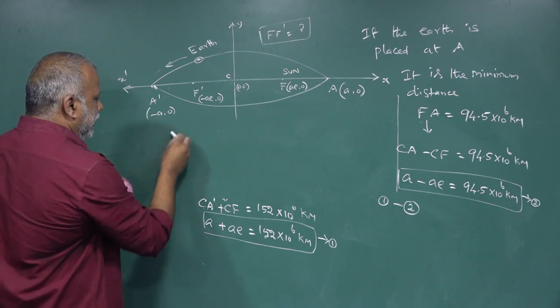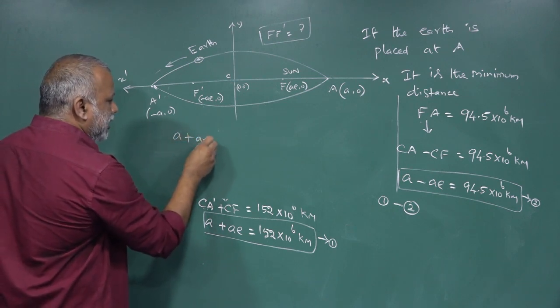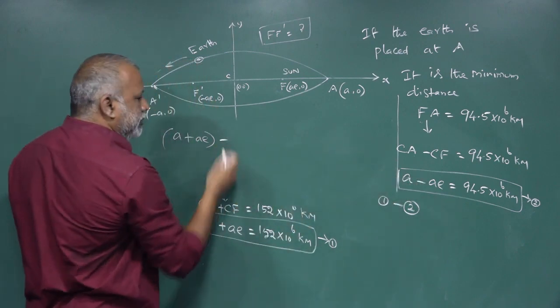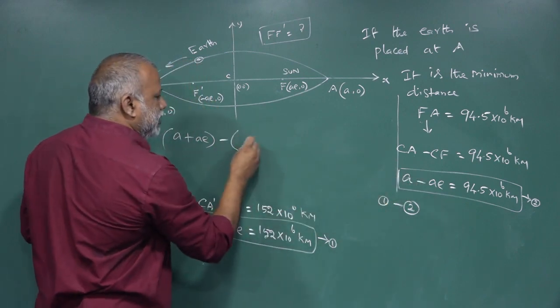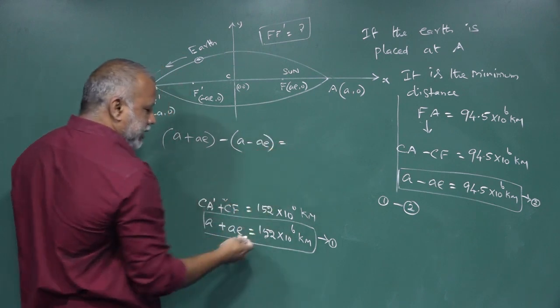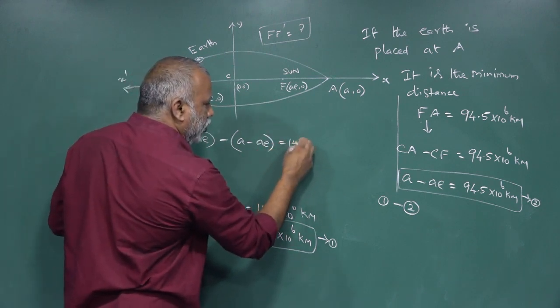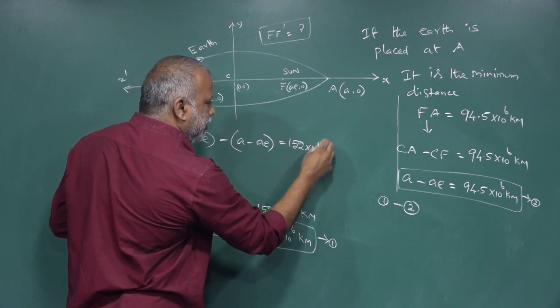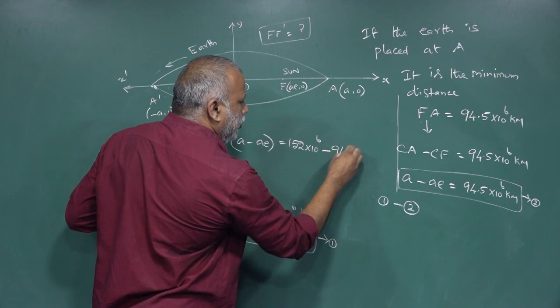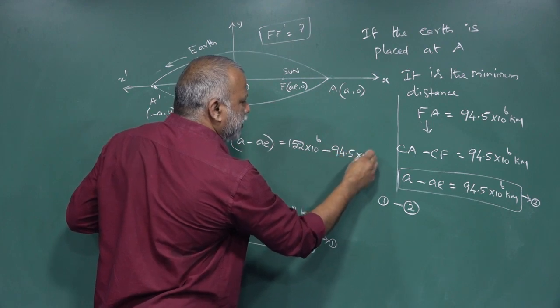I am using A plus AE. This is your LHS. Equation number 2, I am using the subtraction: A minus AE equal to, in your RHS side, 152 into 10 to the power 6 minus 94.5 into 10 to the power 6.